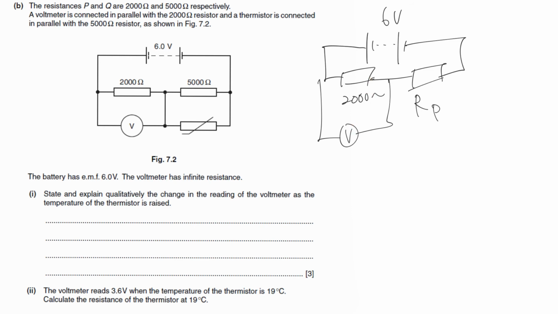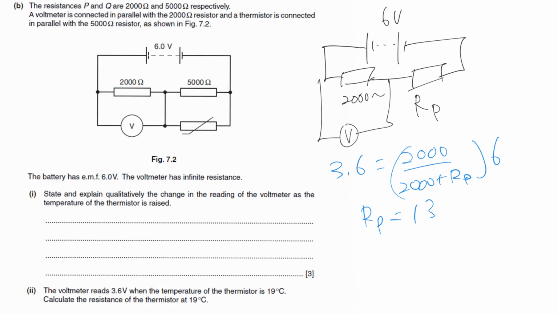So the formula will be 3.6 volts equals 2000 over 2000 plus RP times 6 volts, and then you will get your RP, which is how much? 1333.33, okay, let's say.